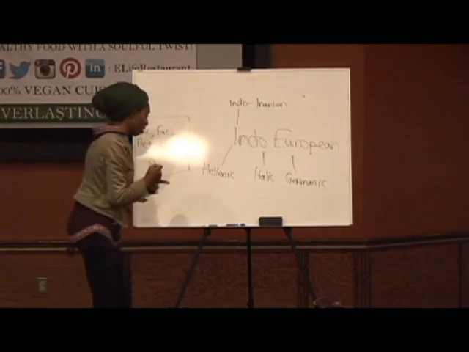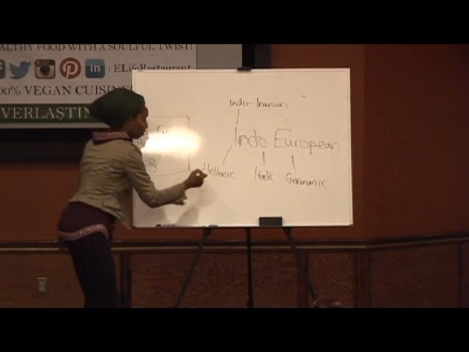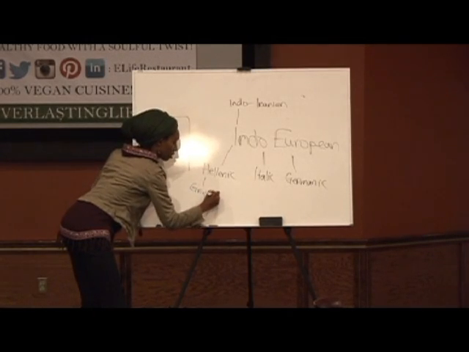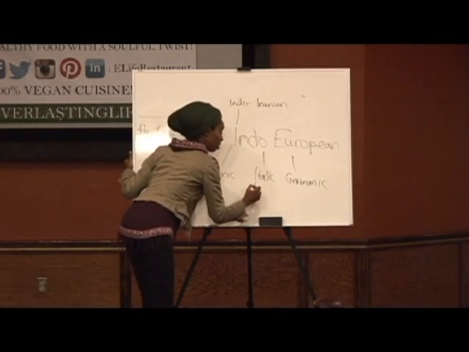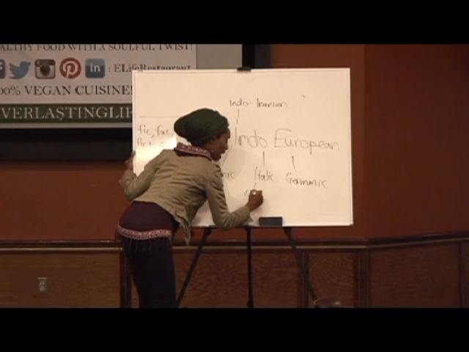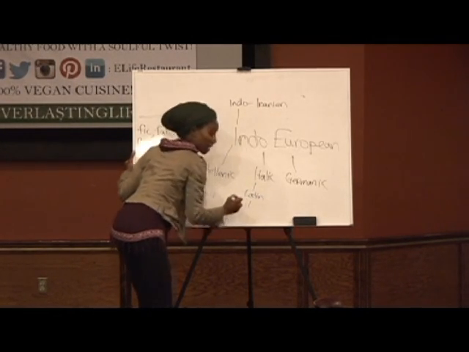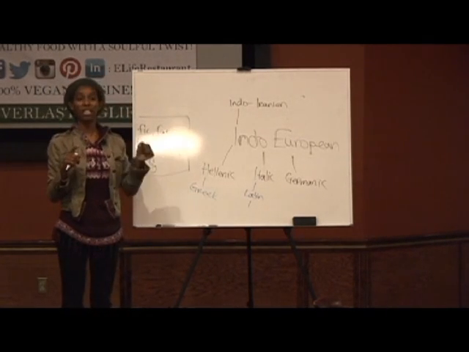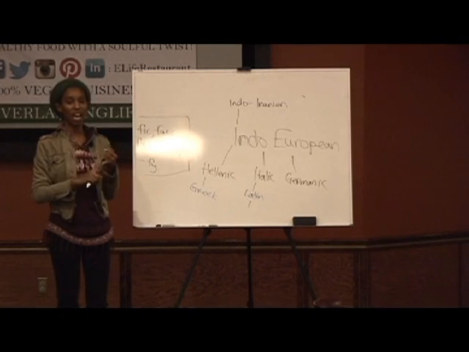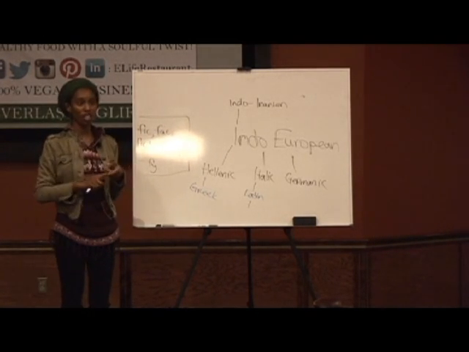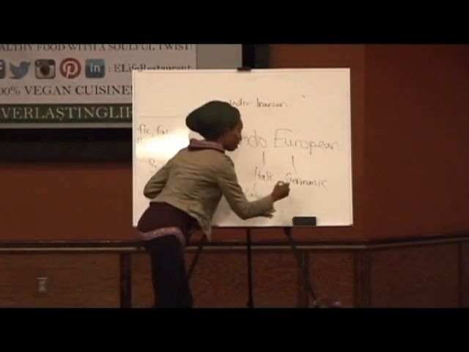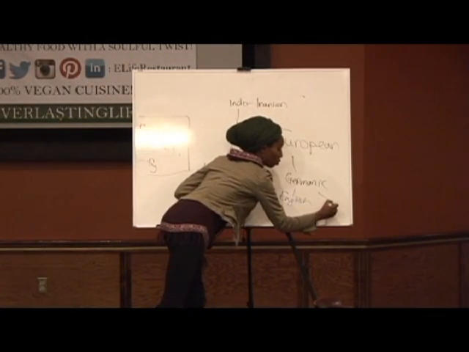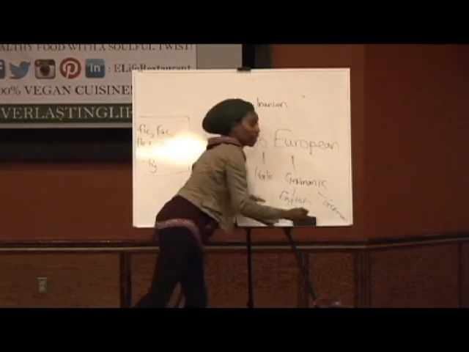From Hellenic, which is a subfamily of Indo-European, we get Greek. From Italic, we get Latin, and from Latin we get Latin-based or Romance languages such as Italian, Portuguese, Spanish, French, etc. Germanic is where we get English, in addition to German, which is a different language from the Germanic family.